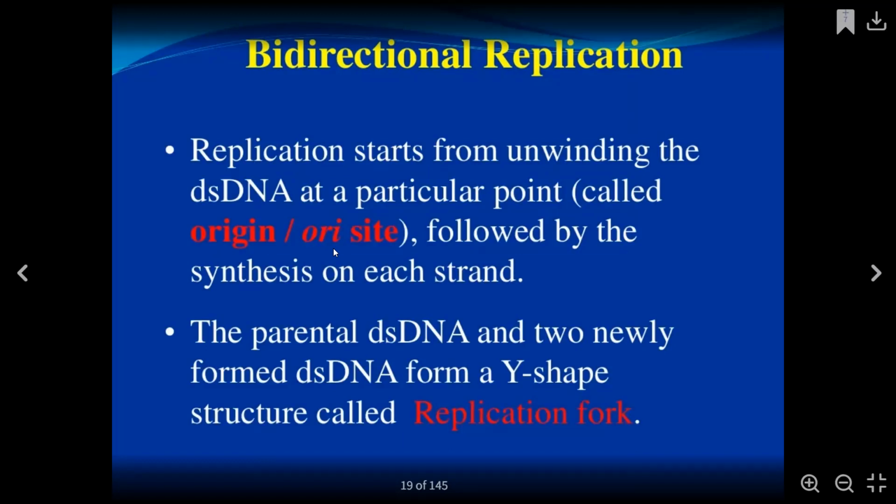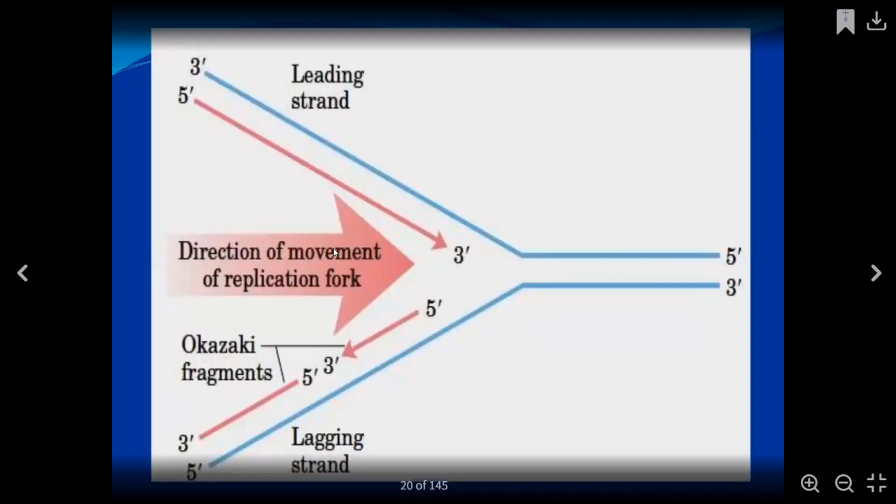So the parental double-stranded DNA and two newly formed double-stranded DNA form a Y-shaped structure called the replication fork, which we already mentioned. So as you can see, this is the original DNA.